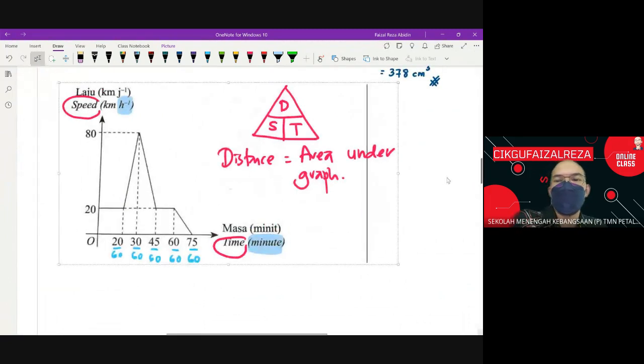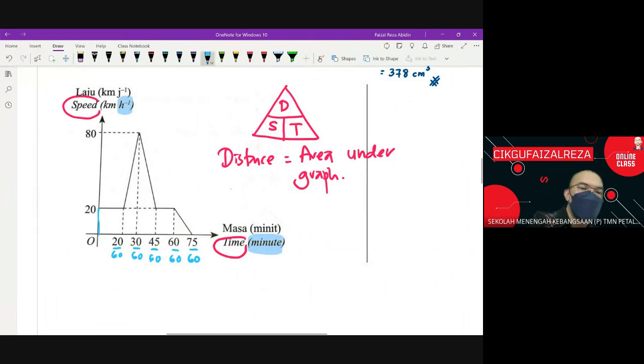Okay, if you look over here, girls, for the first area over here, how did I find? It's going to be 20 times 20 over 60. Am I right? Yes. That's the first one. Plus this one. What shape is this we have?